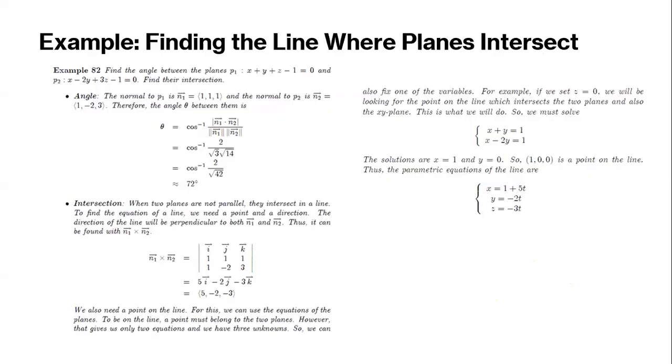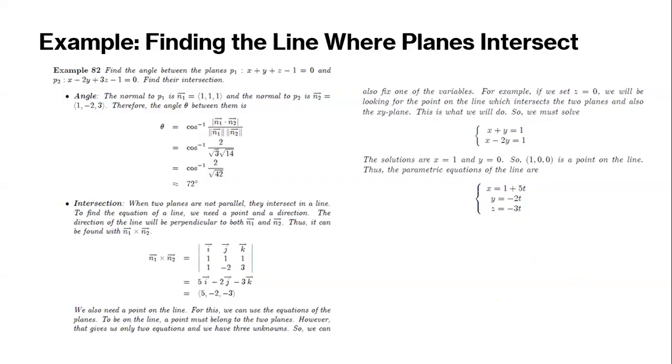So to find the angle, we use the dot product on the top part, which is the n1 times n2. And then on the bottom, we find the magnitude. And then when you work that out, you'll get 72 degrees using this same formula here. So the angle between them is approximately 72 degrees.